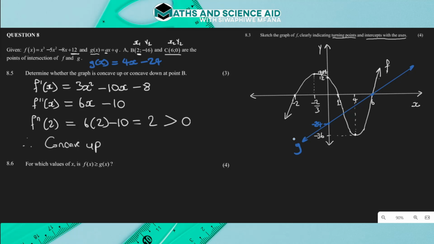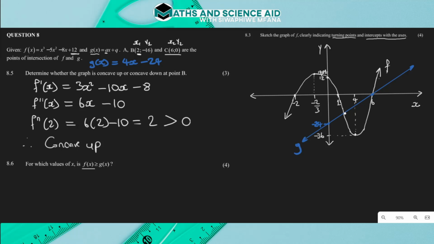So now this question is asking us a very simple thing. It's asking us for which values of x is the graph of f of x above the graph of g. So that is what this essentially means. Well, if we now go back to the two graphs here, we will see that there are certain intervals whereby that's the case.